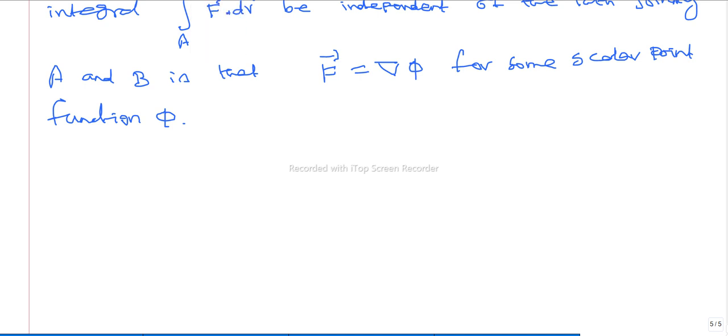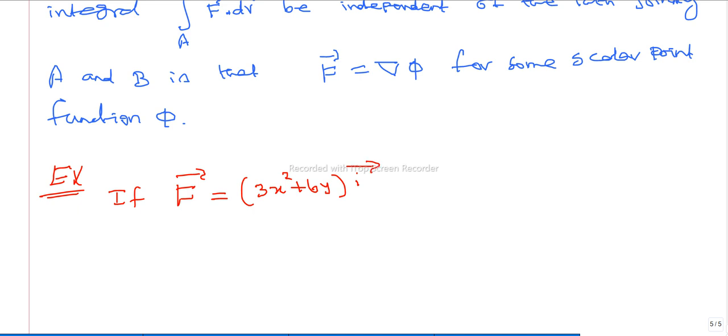Exercise: suppose F equal to (3x squared plus 6y) i vector minus 14yz j vector plus 20xz squared k vector.